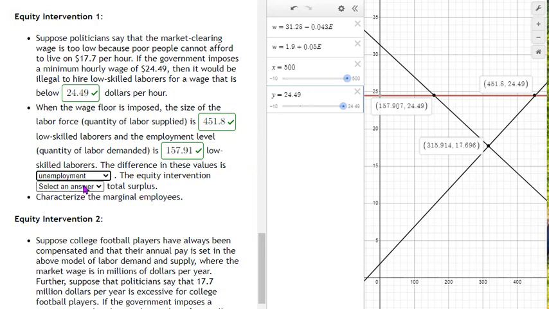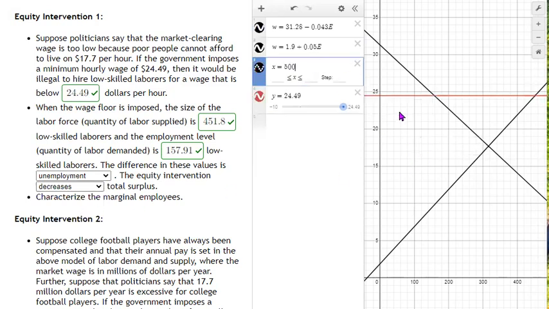So this equity intervention decreases total surplus. And we know that because the quantity of labor that is hired is only 157.907, right? So only 157.907 employees are hired.